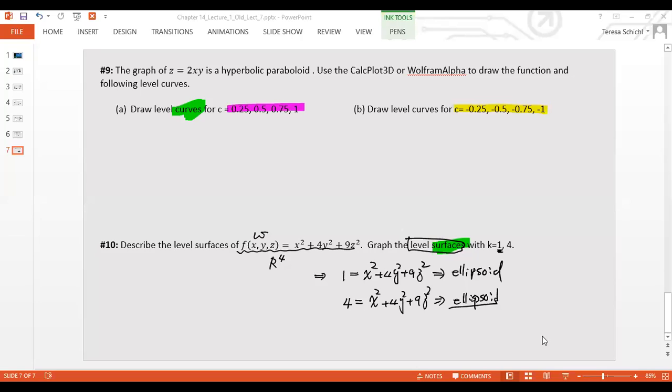Also, we introduced some software tools you can use to help you graph. Especially since we are in Calculus 3, it's multivariate, so with some software, if you can see what that solid looks like, that would be pretty handy.